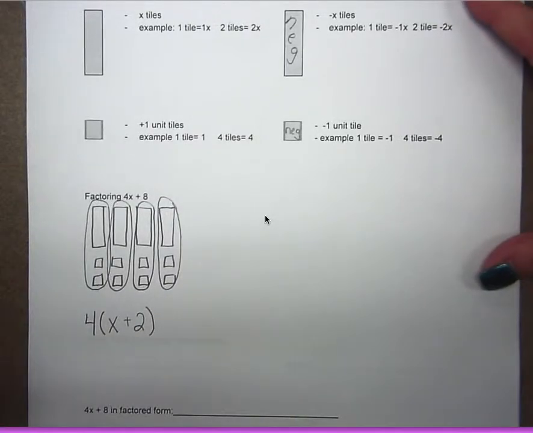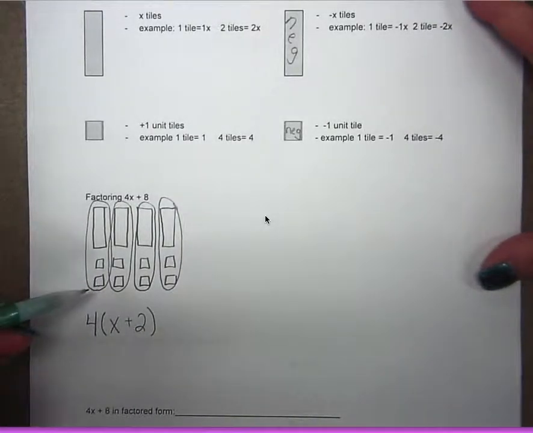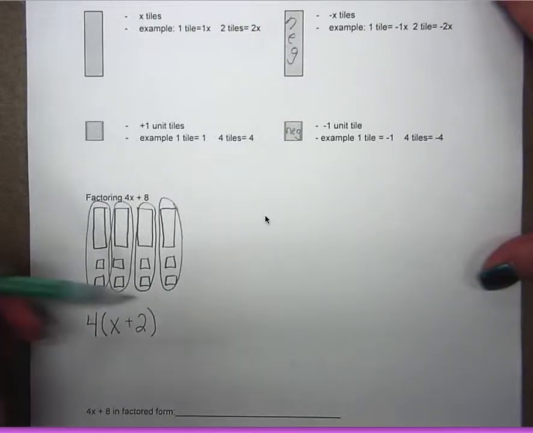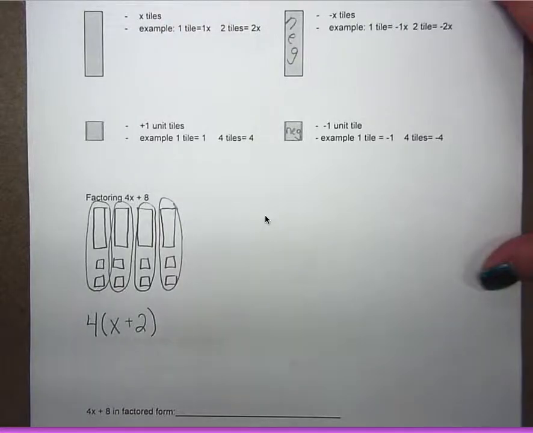Now what you'll notice with factoring is that it's essentially taking an expression and rewriting it with the distributive property. So factoring and the distributive property are very much like opposites of one another. I've gone from my regular expression, and by factoring, I rewrote it using the distributive property. And a good way to check this is using that distributive property.